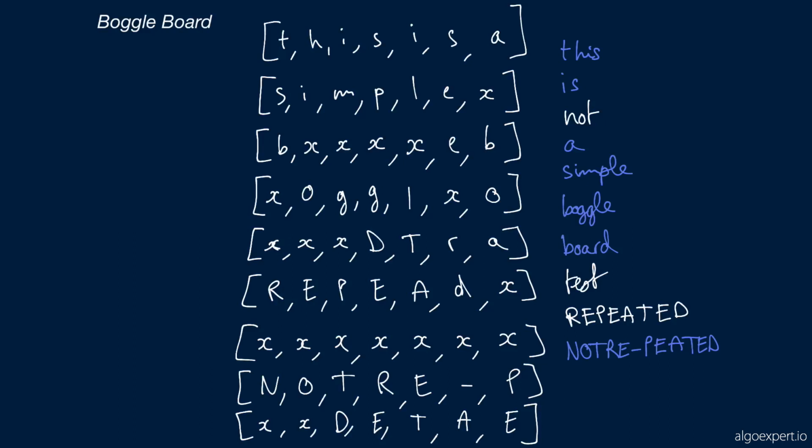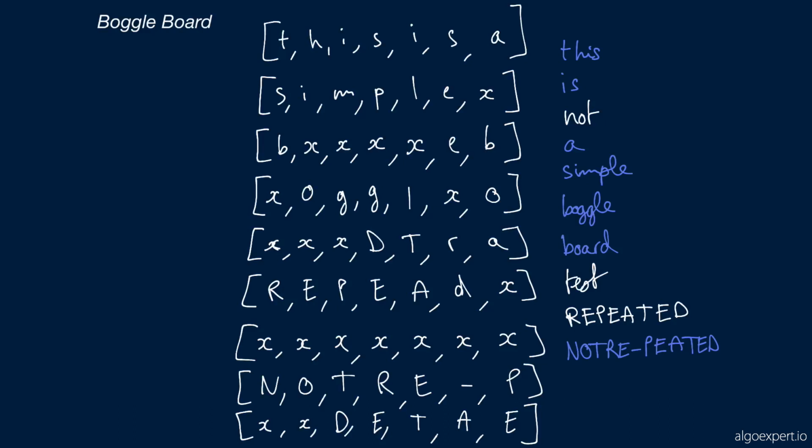Okay. And in fact, what we can first do is divide our problem into two separate problems. Because if you think about it, there are two separate problems here, right? One of the problems that we have is to traverse this boggle board to construct words, right?